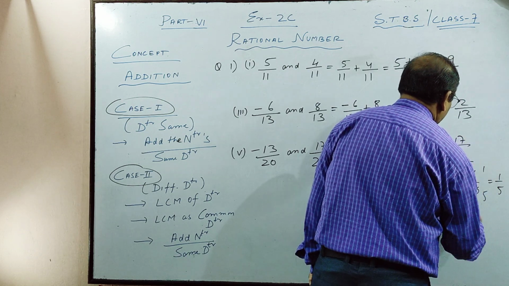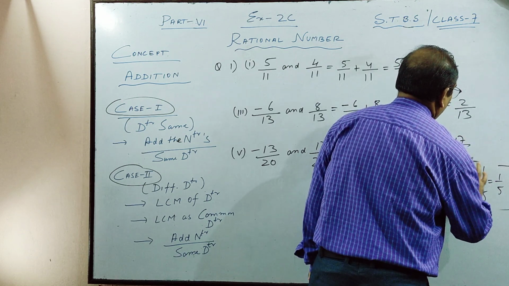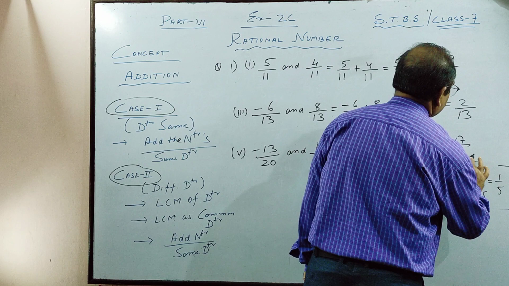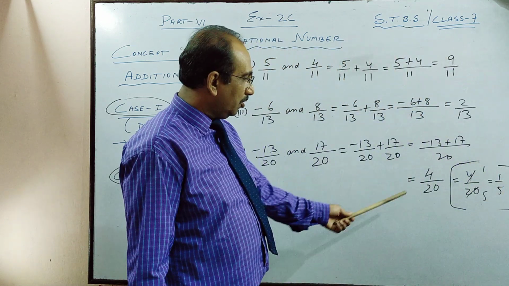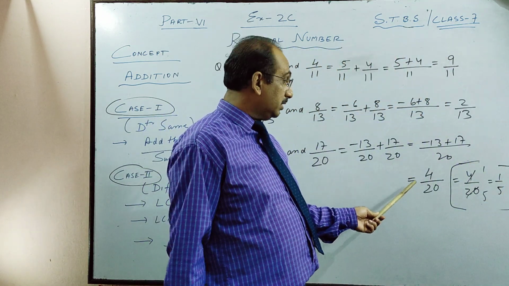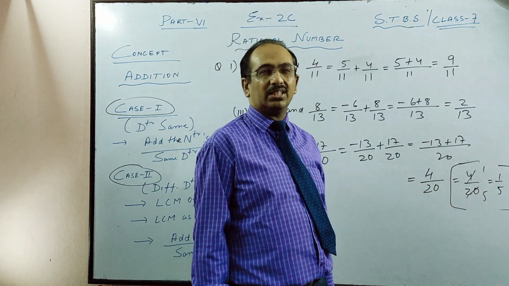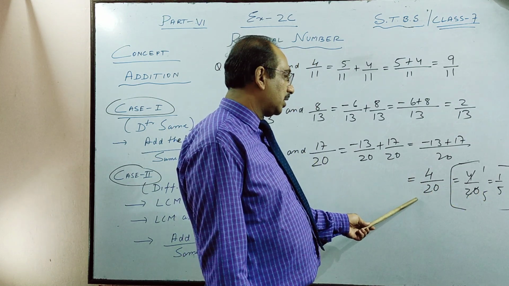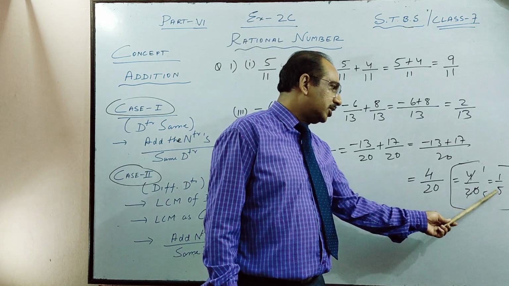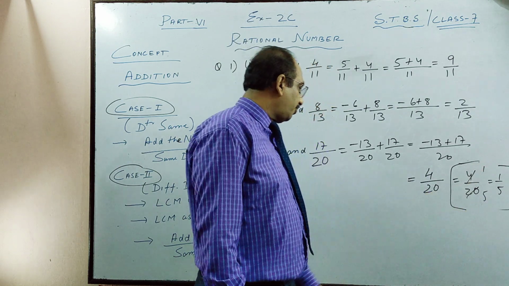The rule says a rational number should be reduced to the smallest term, but if you leave it here in class 6, no problem. If you cancel, 4 1s are 4, 4 5s are 20.